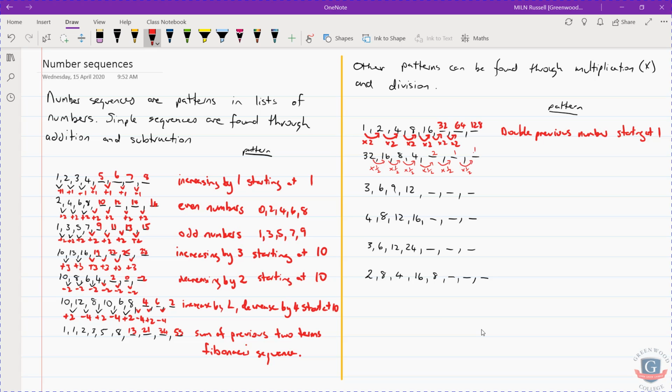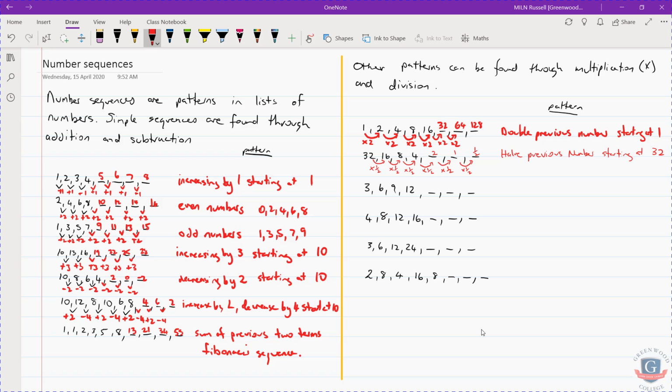Half of 1 is a half. So this would be halve the previous number, starting at 32.